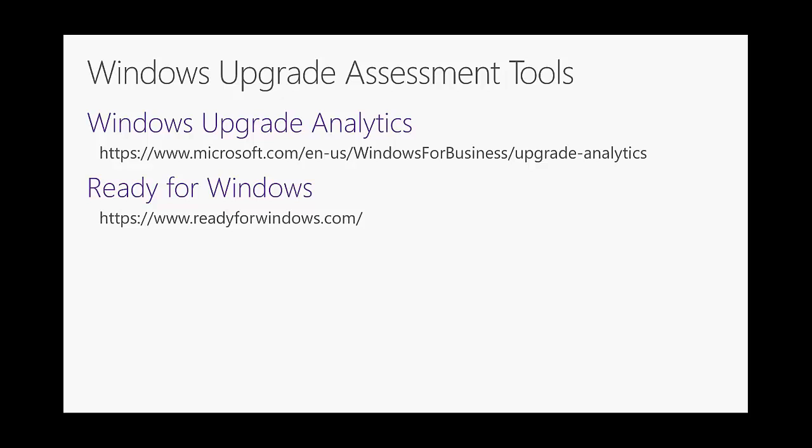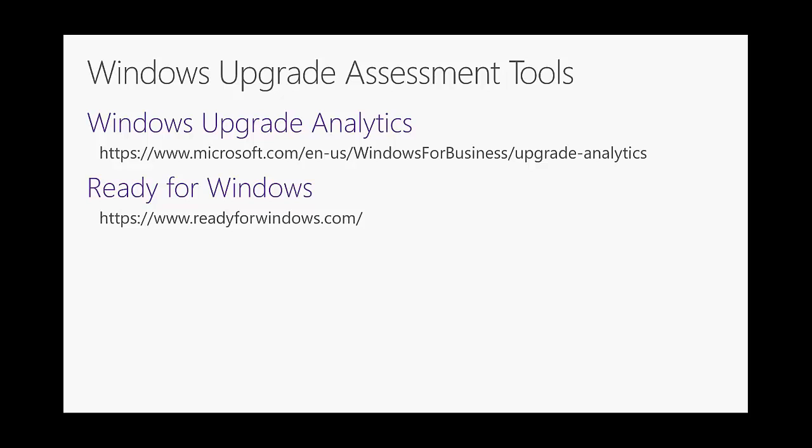And then Microsoft also offers the Windows Upgrade Analytics tool. Again, this falls in line with that option to do an assessment of your devices and set up a refresh cycle for how often you're going to refresh devices to bring in Windows 10, or if you're just going to utilize the hardware that's out there today, assess whether it can run and support Windows 10 from a hardware perspective, and your applications.